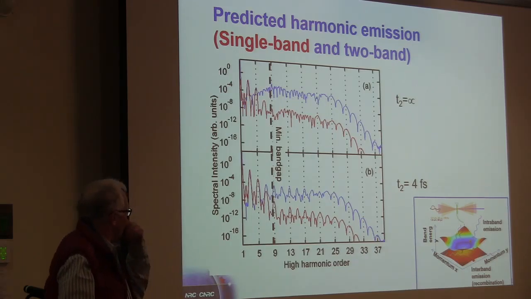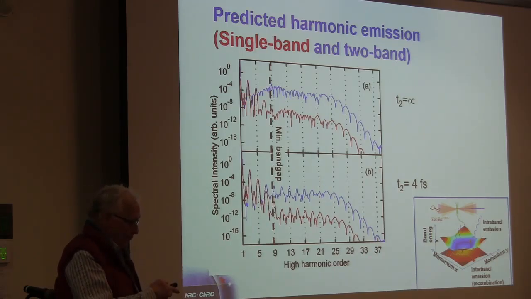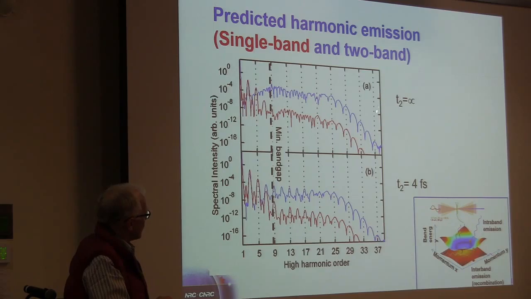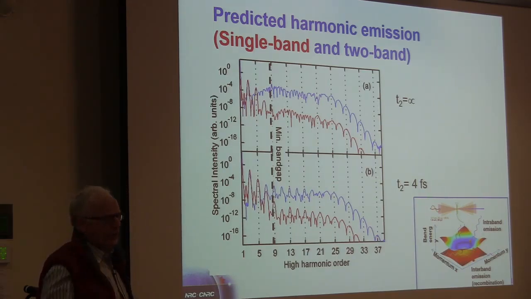So here are the results of the calculations for two different cases, no dephasing and dephasing of 4 femtoseconds, which I think is relatively realistic for the solid, especially given energetic electrons. Shown here in blue are the results of a two-band contribution.